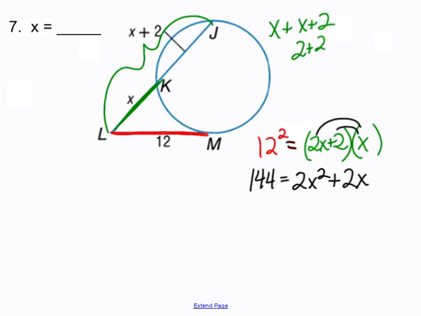It's a quadratic again. So that means we're going to have to set it equal to 0. So I end up with 2x squared plus 2x minus 144 equals 0.